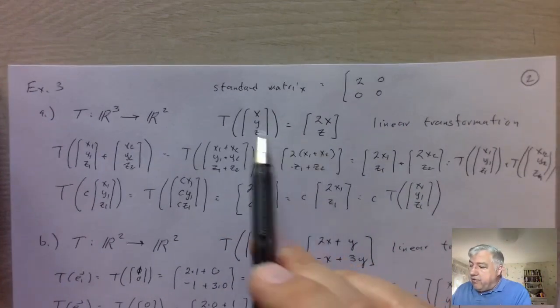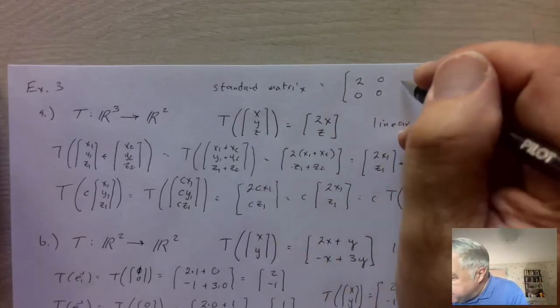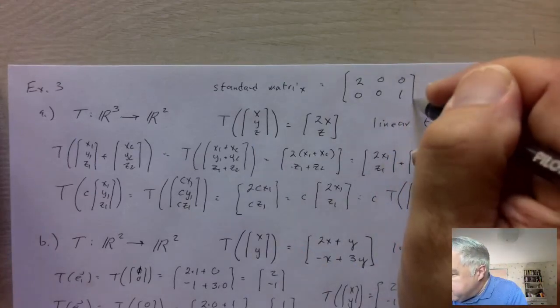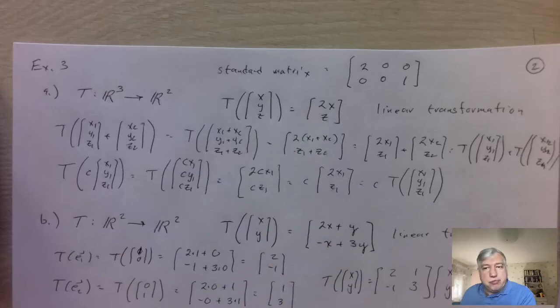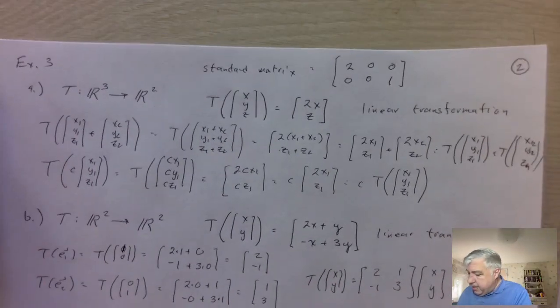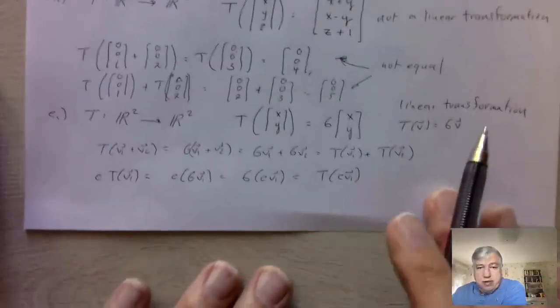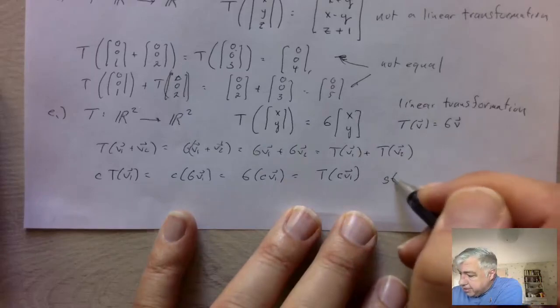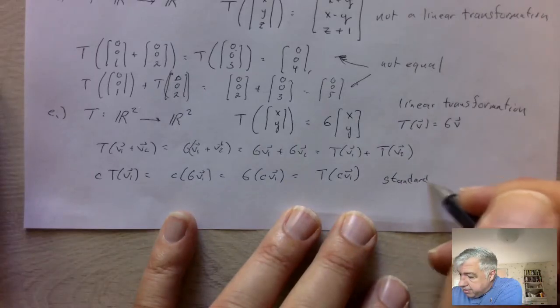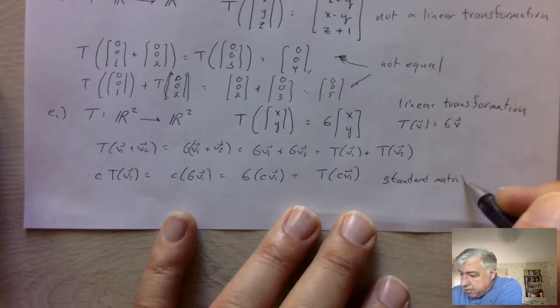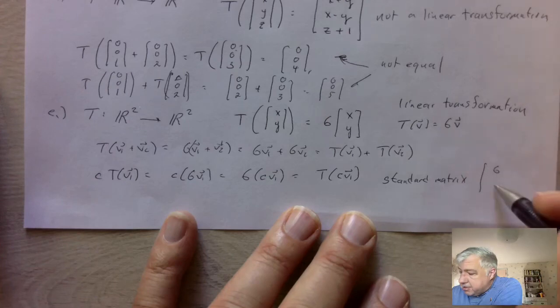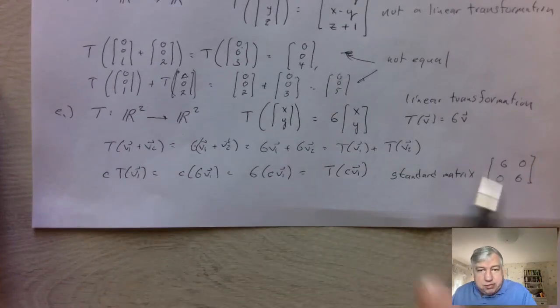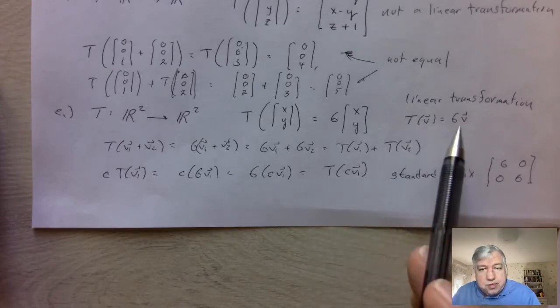And then for (0, 0, 1), this would be 2 times 0 and 1. Okay, so that would be the standard matrix here. And not surprisingly, down here, the standard matrix would be [6 0; 0 6], basically 6 times the identity matrix, which is basically what this is.